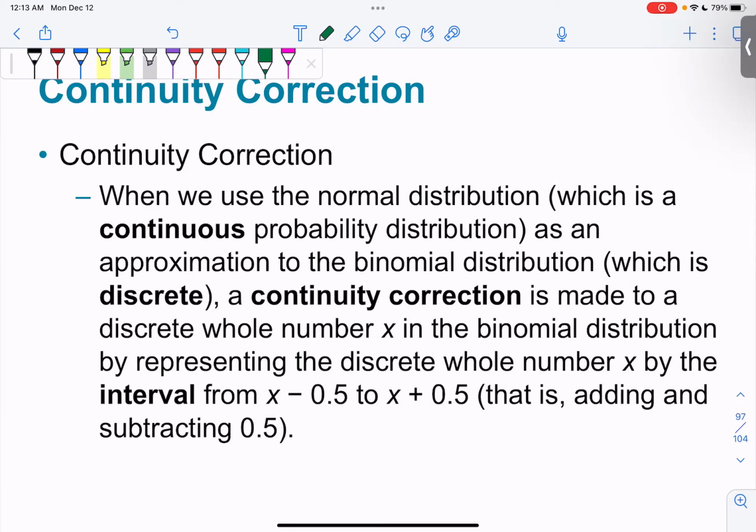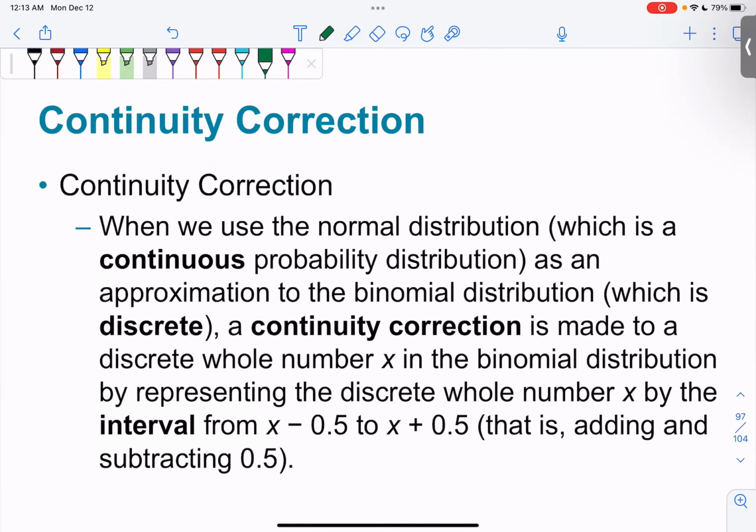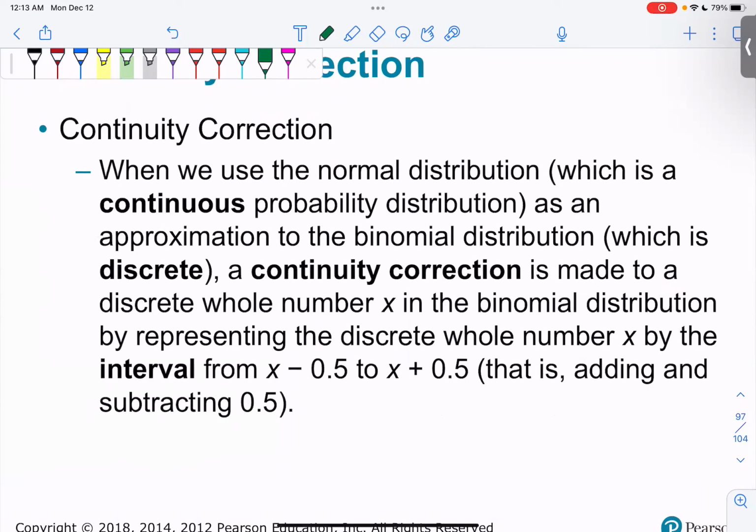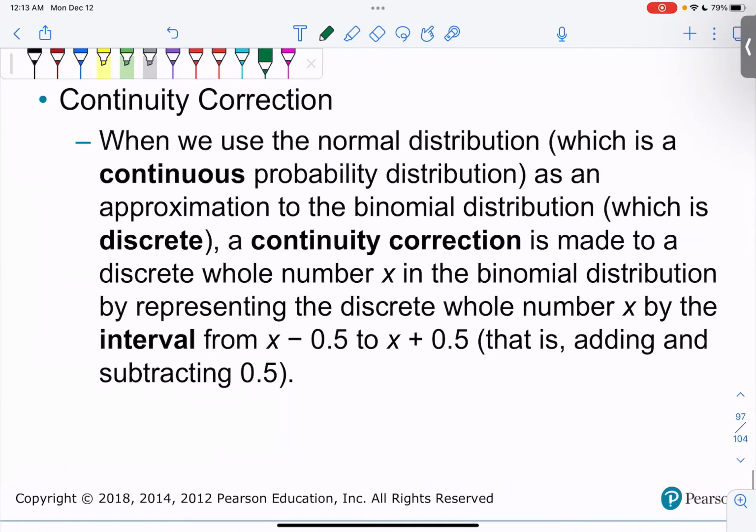So remember, with the continuity correction here, we just want to make sure that we include the discrete random variable by using the correction factor, or the continuity correction.